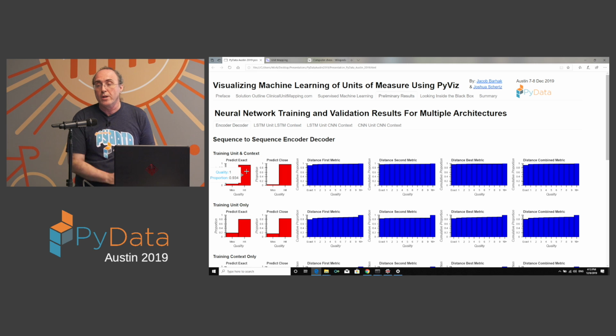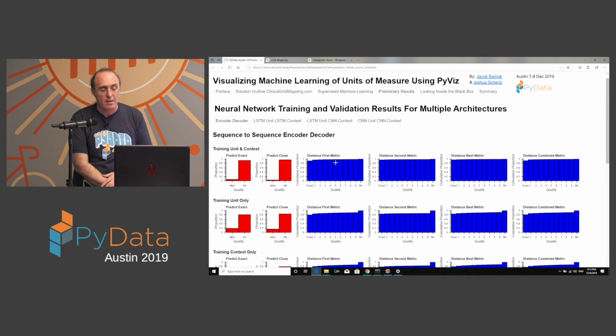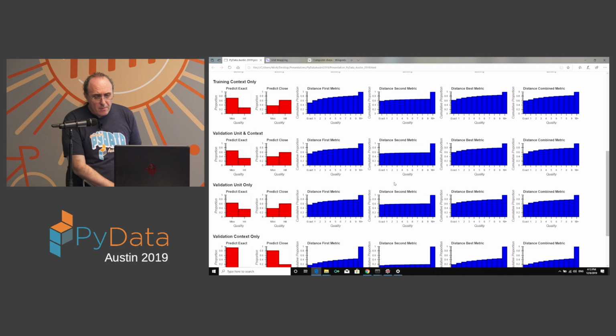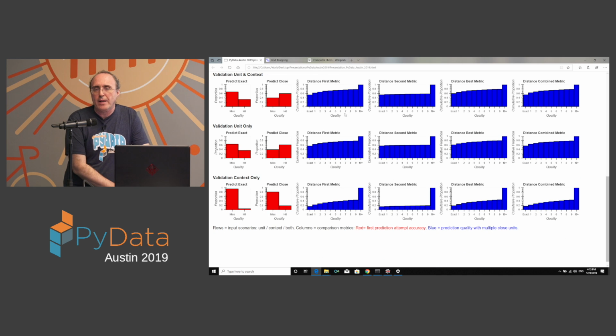And later on, when you add additional information about things you know about the units, you can get a better prediction. The training data is easy. It's basically the units got memorized by the neural network. Let's look at the validation. The best network we got to is the LSTM networks. And we had several metrics to figure out how accurate we are.